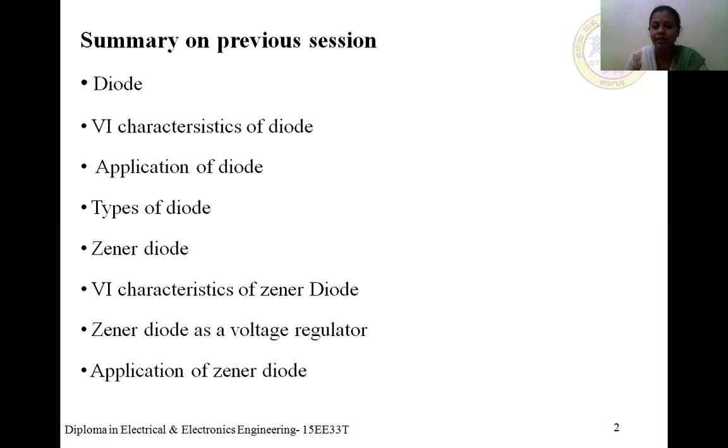We also saw the applications of Zener diode. It is normally used as a voltage regulator, surge suppressor, peak clipper, and in some switching applications.